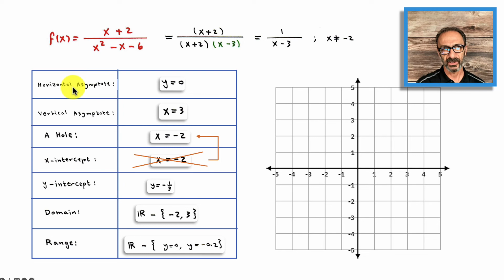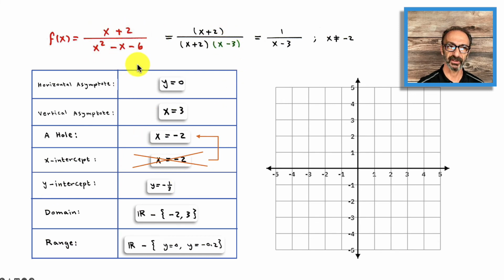Quickly, let's go over this. Horizontal asymptote at y equals 0 because the degree down is higher. So the value of the fraction will go down to 0. The vertical asymptote comes from this factor right there. A hole in the graph comes from the common factor right there. The y-intercept is when you plug in 0 for x.